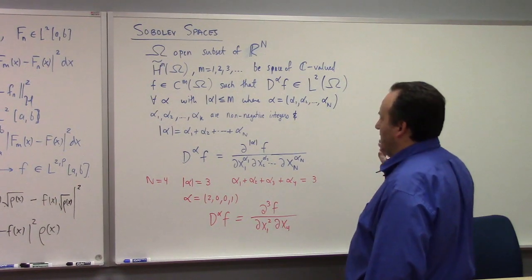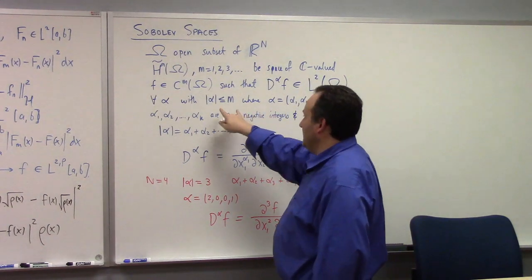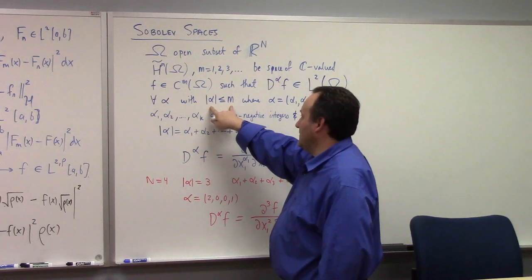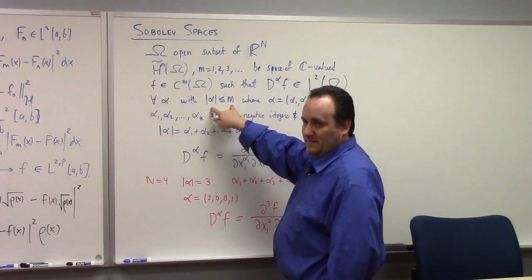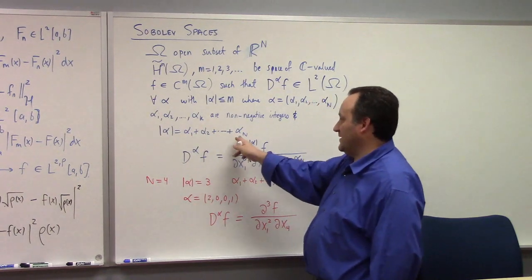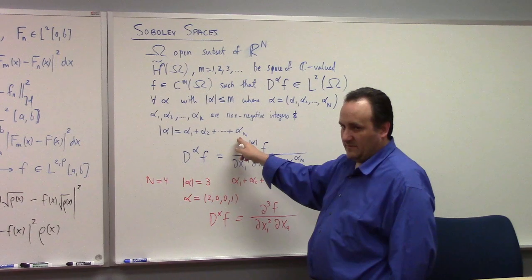So this is a very fancy way of saying you're allowing all derivatives up to order m. For order 1 derivatives, only one of these indices can be non-zero: one of them is 1 and the rest are 0. That's the first derivative.